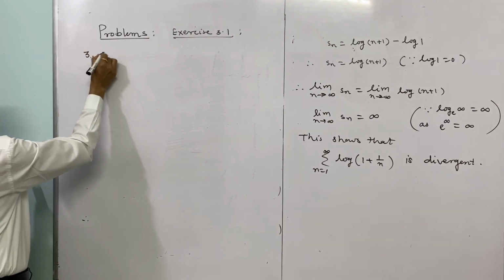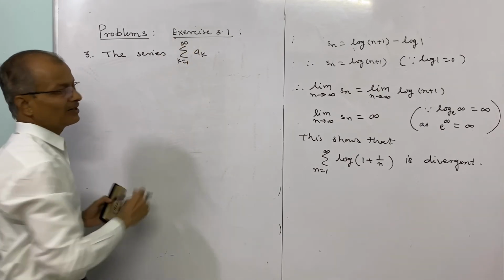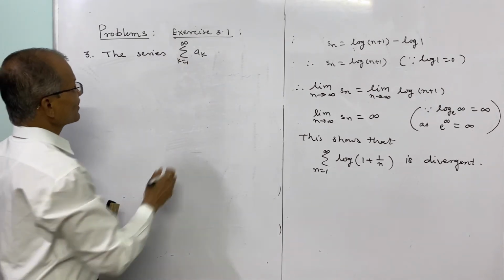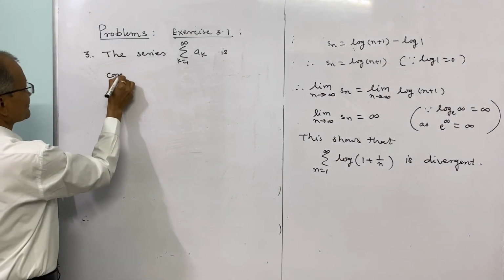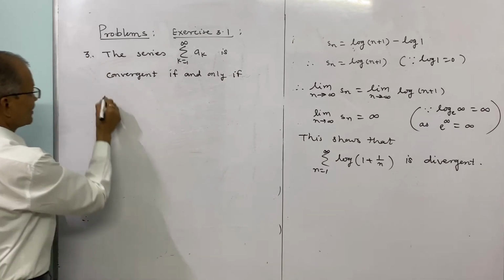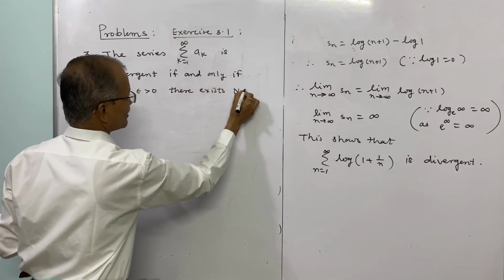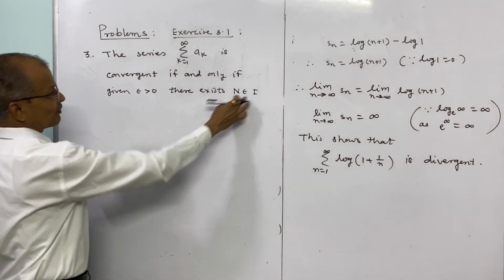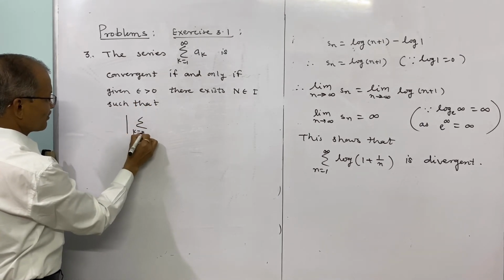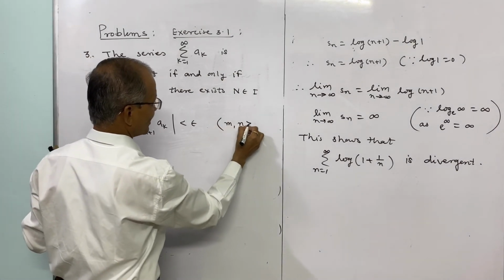The series sigma, we denote by k notation, it may be denoted by an or ak or some other am, etc. So the series sum of ak, k takes value 1 to infinity, is convergent if and only if, given epsilon greater than 0, there exists N belonging to the set of positive integers such that the absolute value of the sum of ak, k from m plus 1 to n, is less than epsilon for n greater than or equal to N.